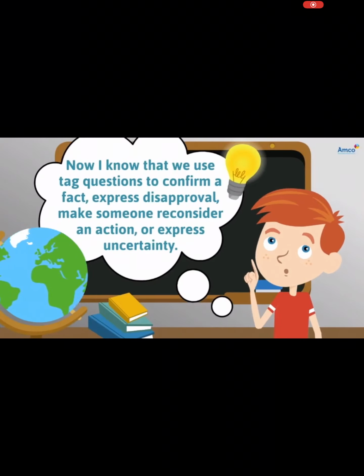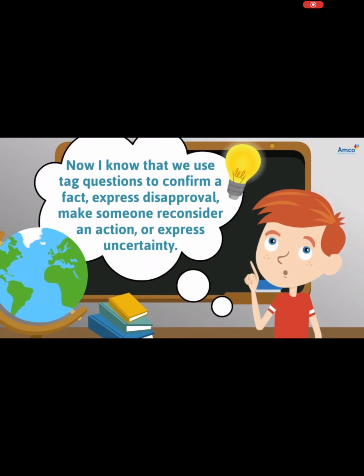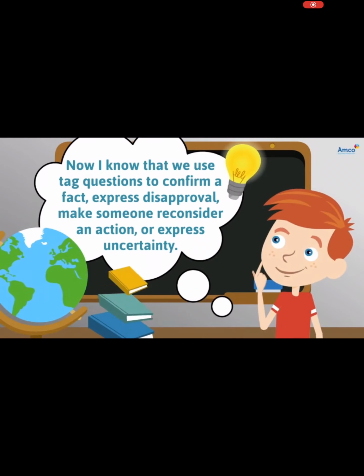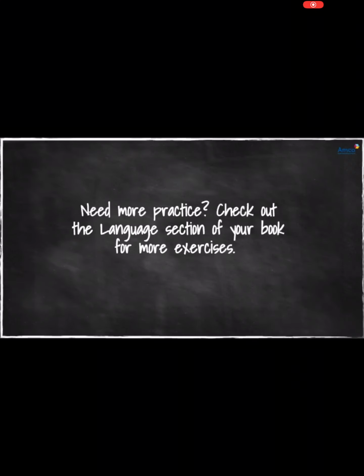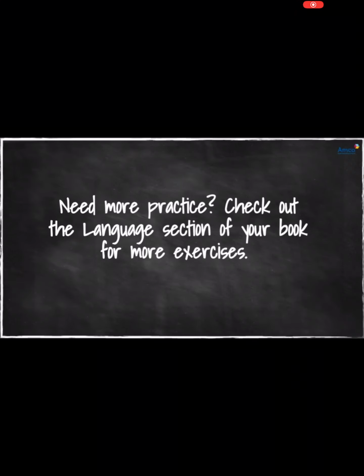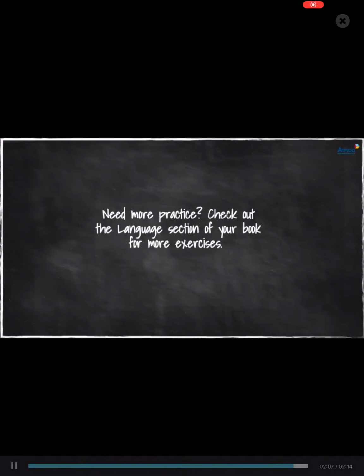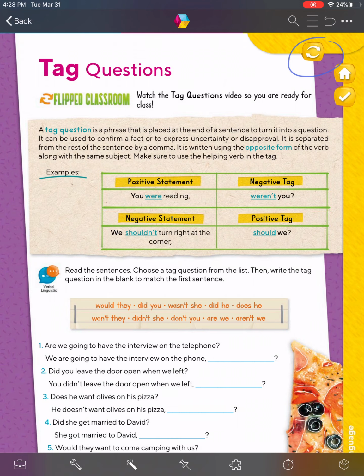Now I know that we use tag questions to confirm a fact, express disapproval, make someone reconsider an action, or express uncertainty. Need more practice? Check out the language section of your book for more exercises. The end.